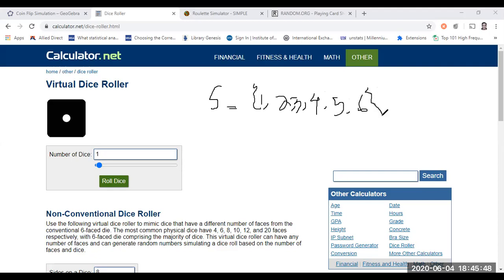Let me just roll this die again. Can you see 6? Because this is an even number, the chance was 50%.